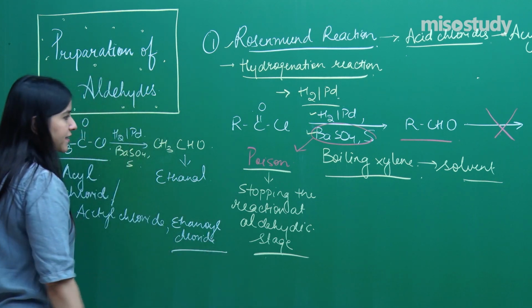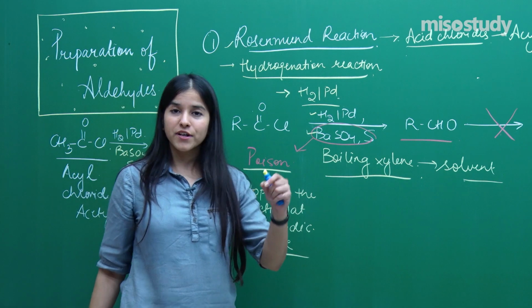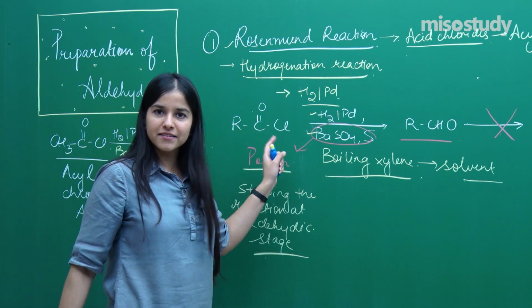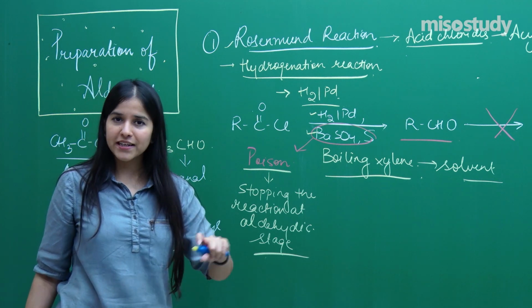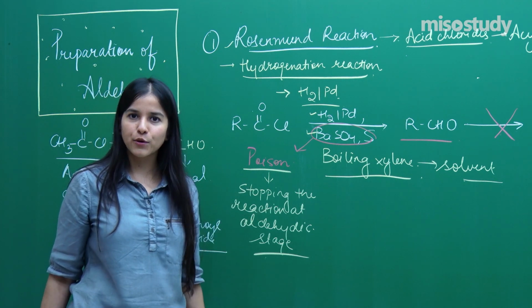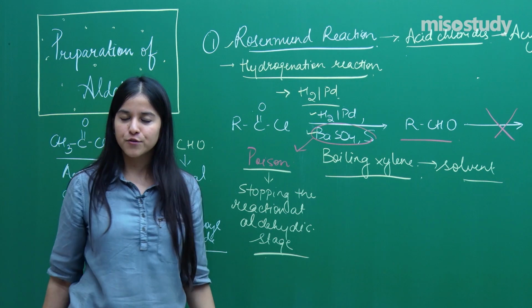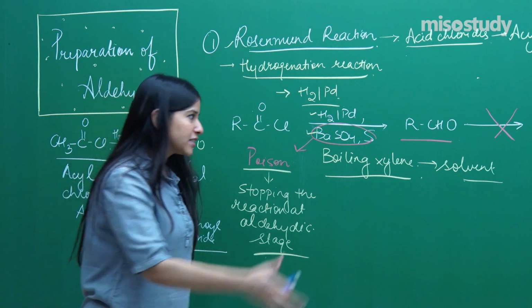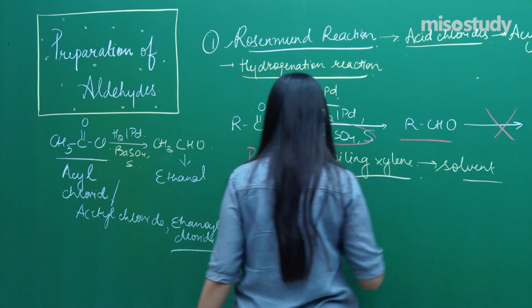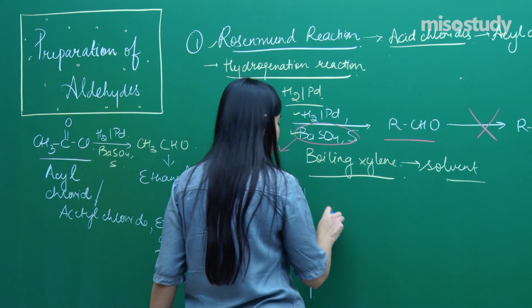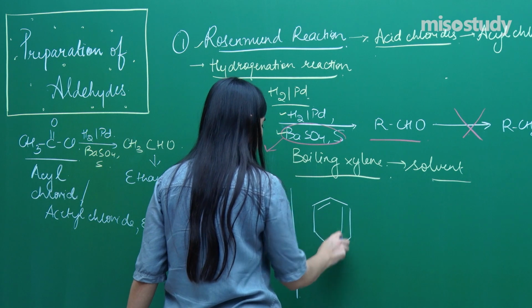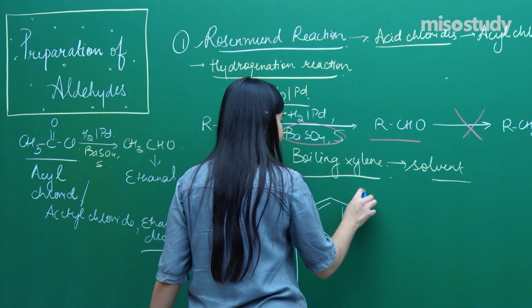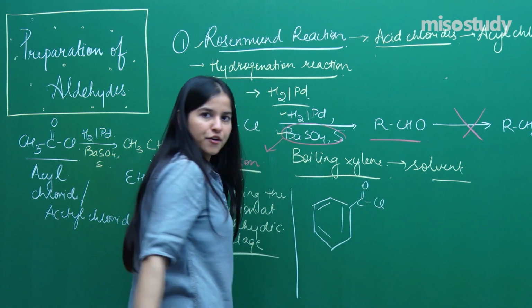So different possibilities, and I was talking about another kind of reactant in the previous session. I had taken up benzoyl chloride. So again, in the case of aromatic acid chlorides, I can have a similar kind of process happening. So I'll be getting what I desire, that means an aldehyde in that case as well. So it's the benzoyl chloride that I have taken. Fine.